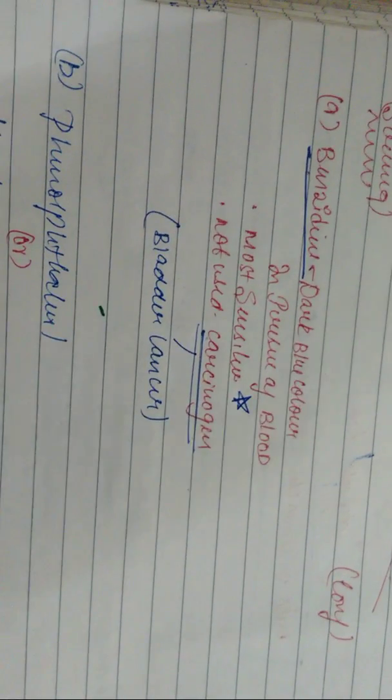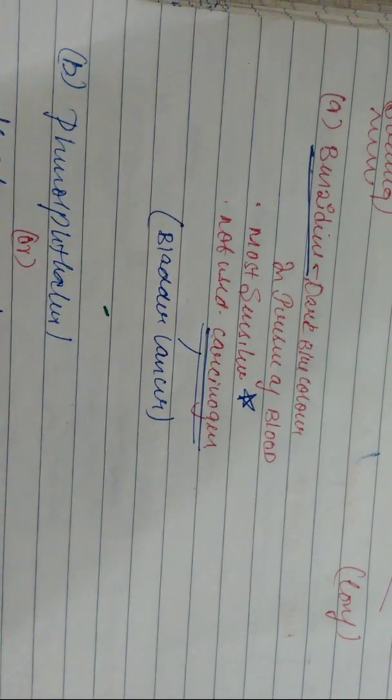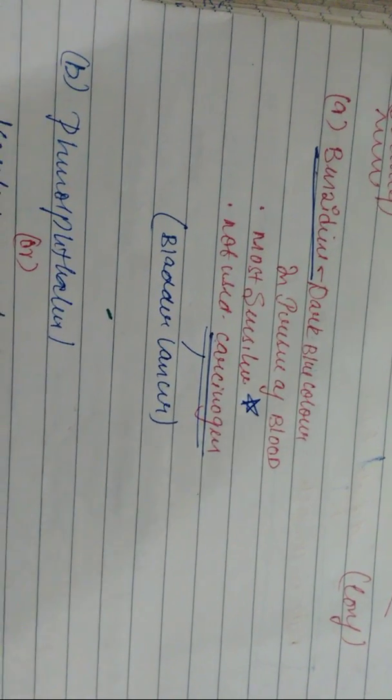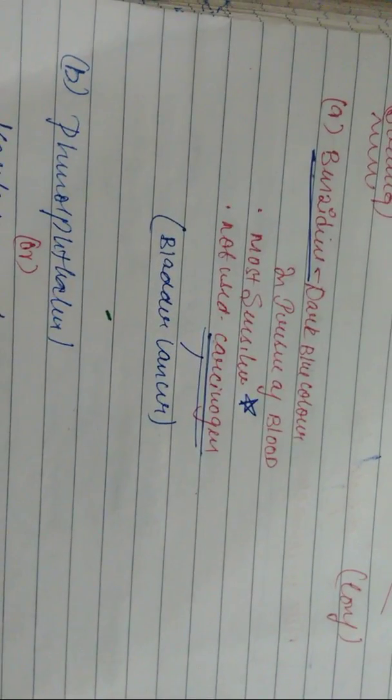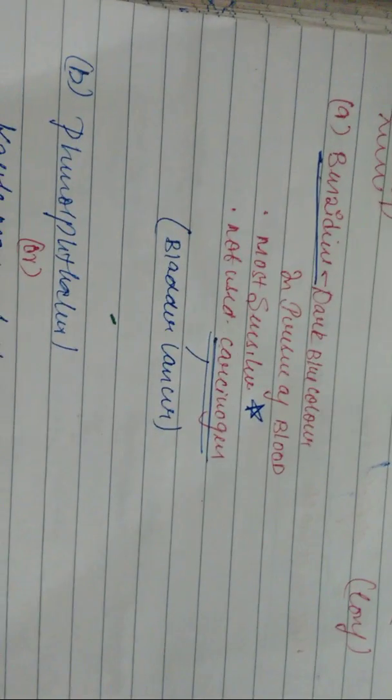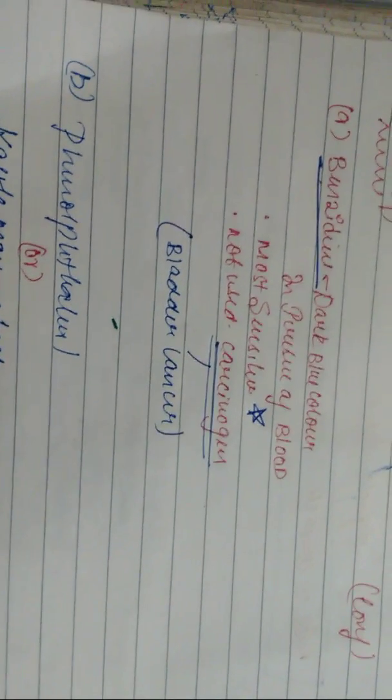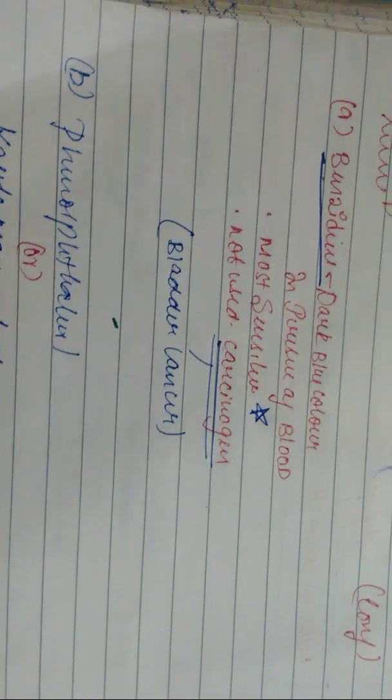So this is what is written: a dark blue color in presence of blood, and this is the most sensitive test, but we are not going to use it actually because benzidine is a carcinogen. That is the reason.